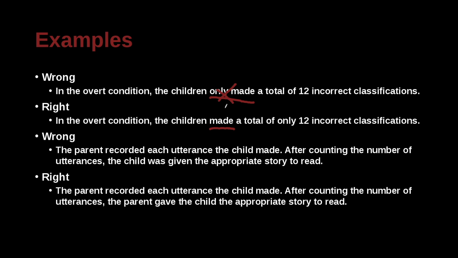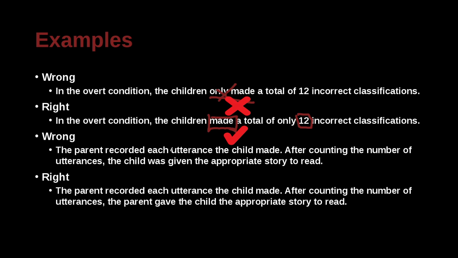Only makes it sound small. But in your research, you should not be specifying things that are small and big unless you have a very specific number. So we don't want to do that. We just want to say, what is the result? What did they actually do? They did 12. Is 12 big or small? That is not for us to tell here. Rather, we can talk about that in the discussion.